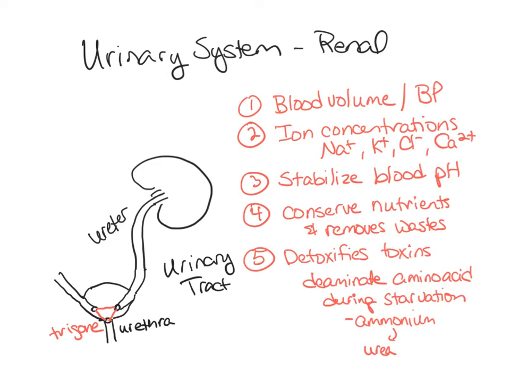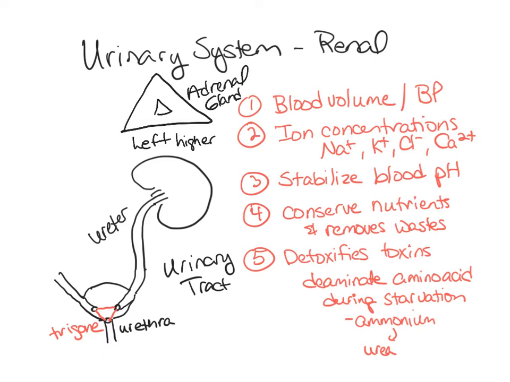Right, a couple other things about the anatomy. So the left kidney would be higher than the right kidney. I don't have the right kidney drawn in here, but the left kidney is more superior. And each of the kidneys are capped by a gland that we call the adrenal gland. So the adrenal gland is our stress gland. There is an adrenal medulla, which is right here.